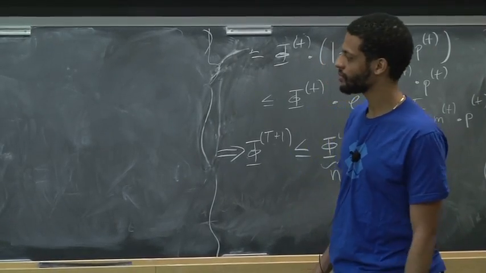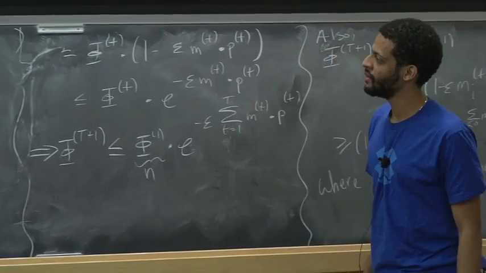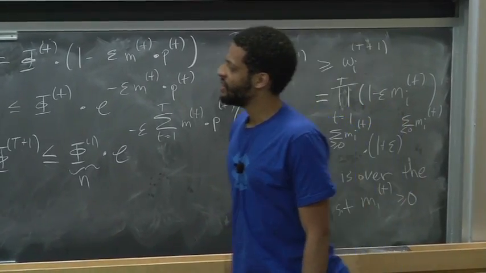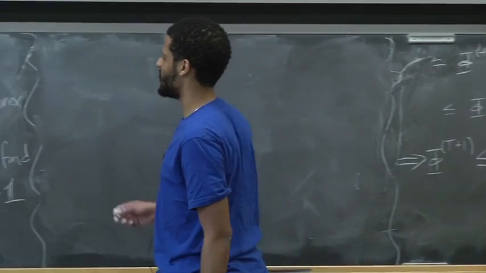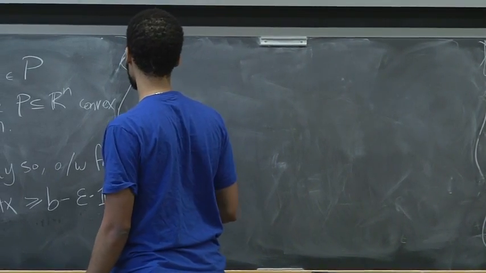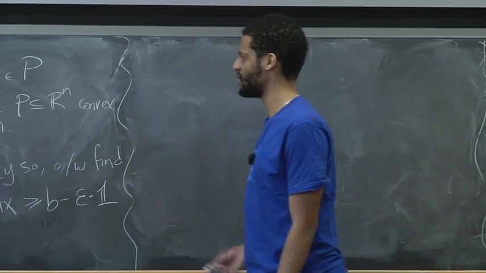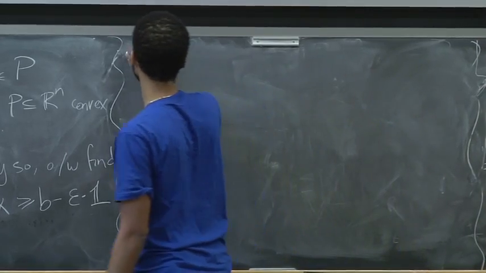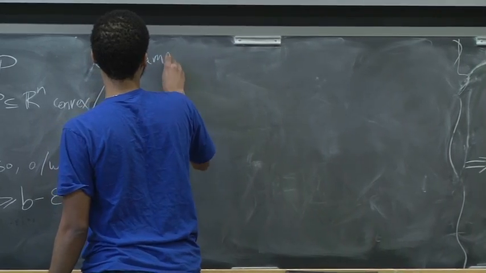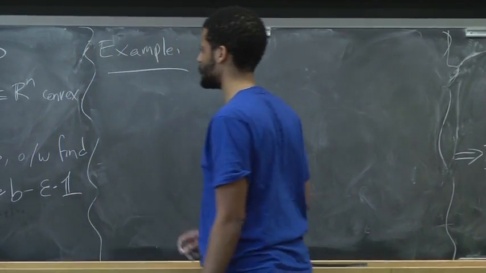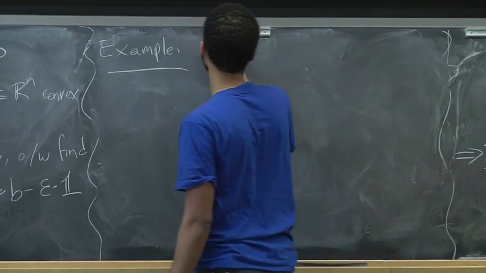Okay, let me just give an example before we actually talk about how to use multiplicative weights to solve this. So, example. Let's say fractional set cover.